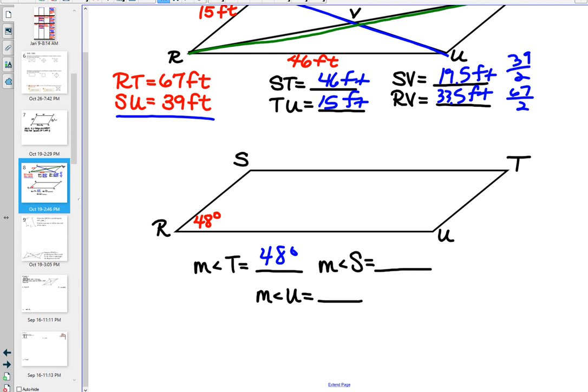So angle S is going to be 180 minus 48. They're supplementary. Okay, 132 sounds good. And then now, since I know that S is 132 when it comes to finding U, yeah, you could do 180 minus 48 again, or since you know that opposite angles are congruent, you could just say 132.